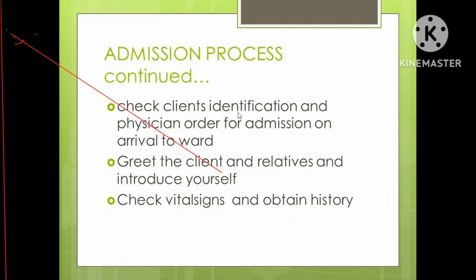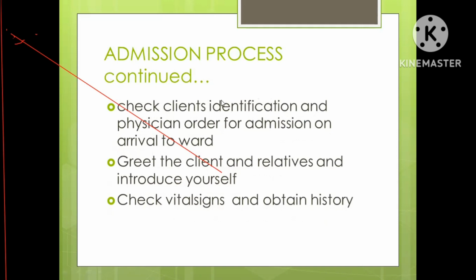Check the client's identification and the physician order for admission on arrival to the ward. We kept the ward ready for admission, and we did all the bed making. After that, the patient comes, and we have to check the patient identification first. By checking the name and the hospital number, we have to ensure that this is the patient who is supposed to come here.